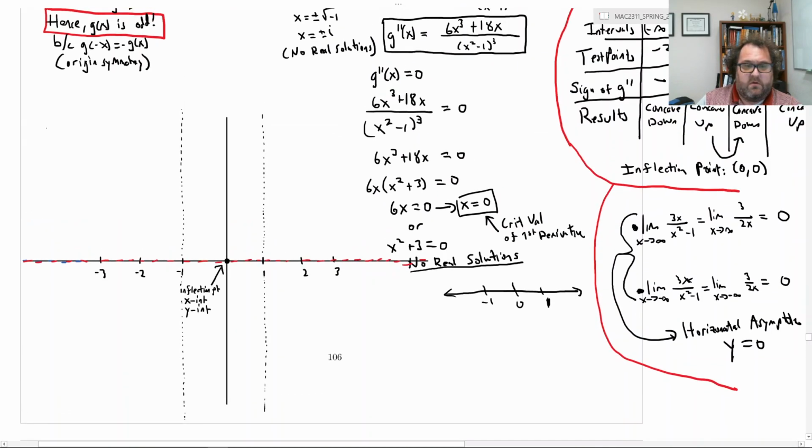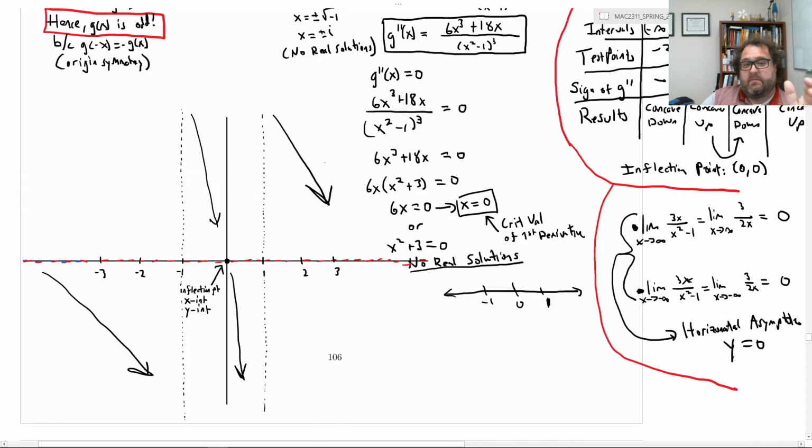Think about it this way. We need to get closer and closer to this first vertical asymptote, and we know it's decreasing. So basically, we decrease to that asymptote, and then we decrease between these two asymptotes. And we know that the origin is our intercept, and then we're decreasing afterwards.